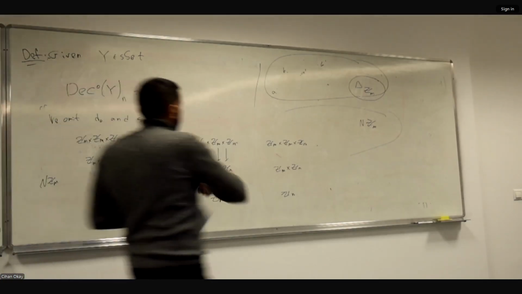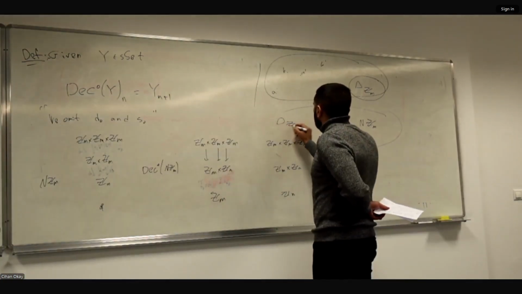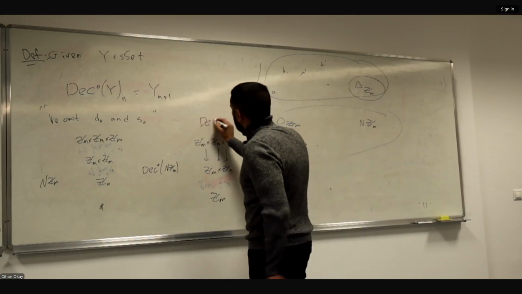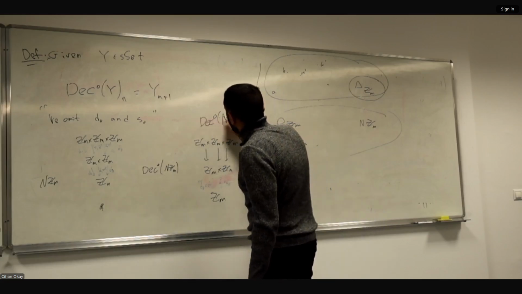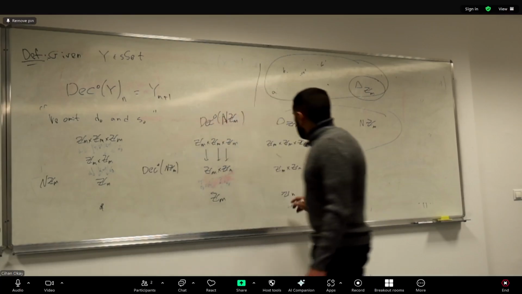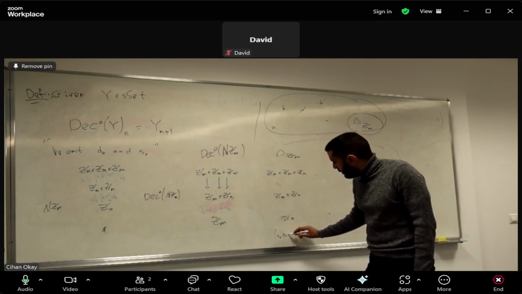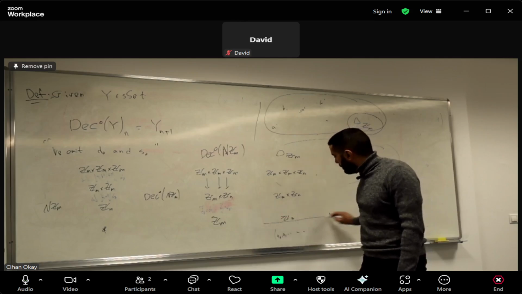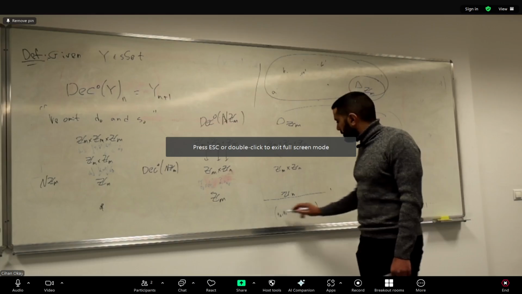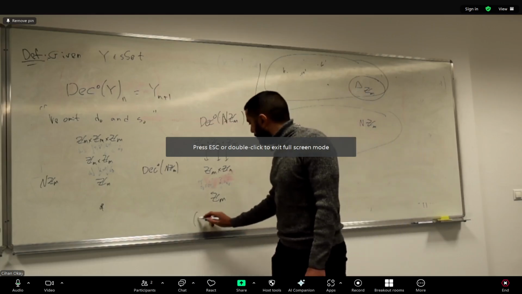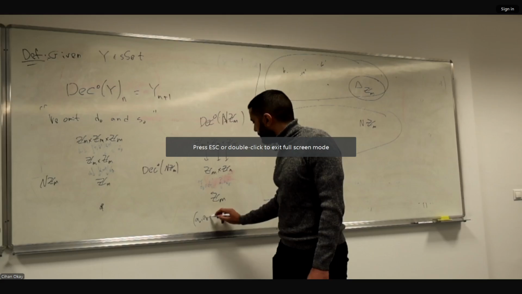This is delta Zm, and this is the nerve of Zm. So by going A0, A1, like in some place here up, this one, AM, this is going to the A0 plus A1, right?